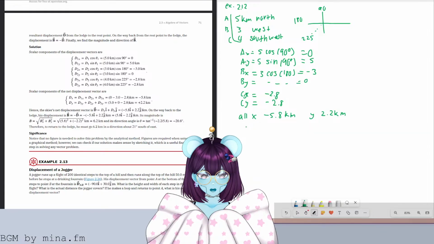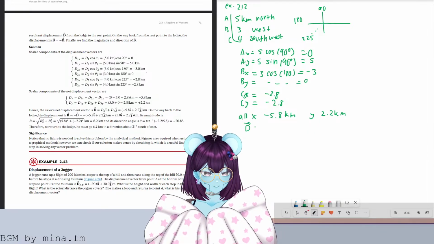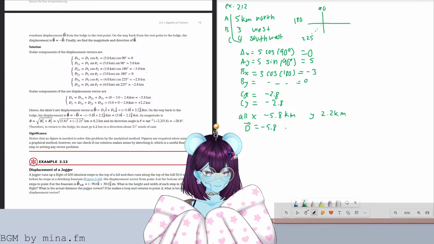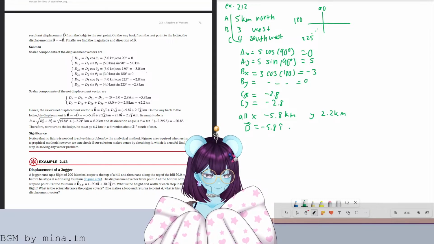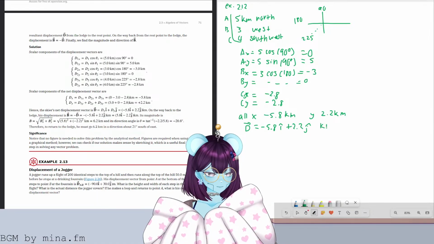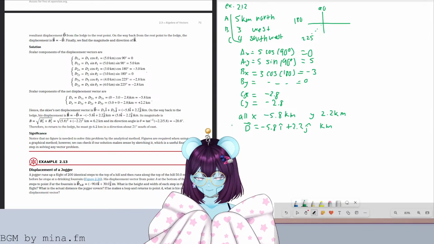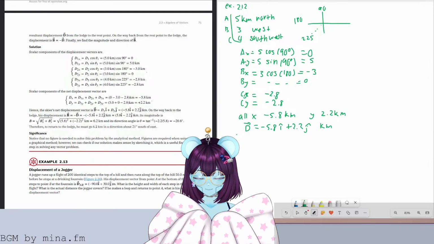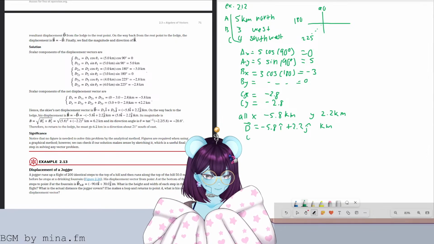Then you can get your total displacement. So this is how far that skier went from the lodge: -5.8 i hat plus 2.2 j hat in kilometers. And then to find his way back home, so we go anti-parallel to this.